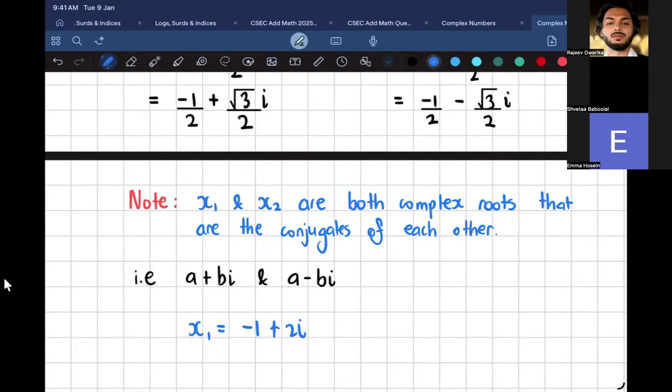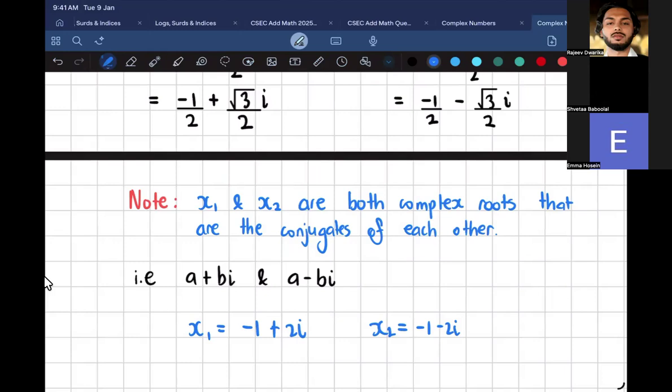So since we know that all the complex solutions are going to exist as a conjugate pair, if x1 is -1 plus 2i, what do you think x2 would be? -1, -2i. Perfect. So if the discriminant is less than 0, you're going to have complex roots. And if you have complex roots, they are always going to exist as conjugate pairs.